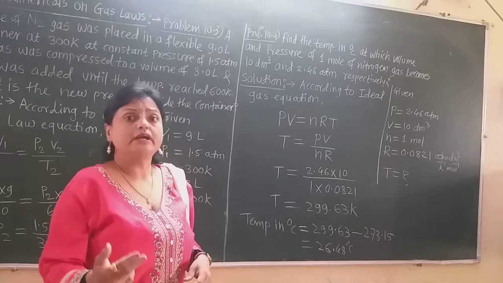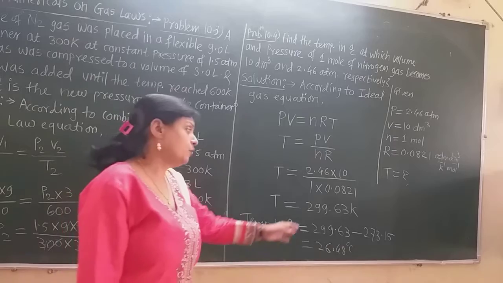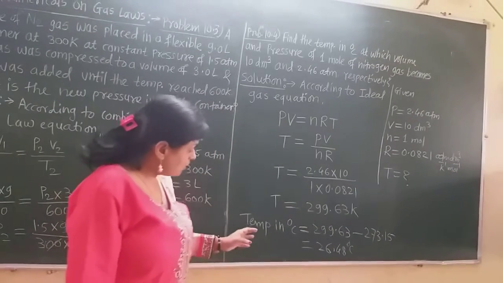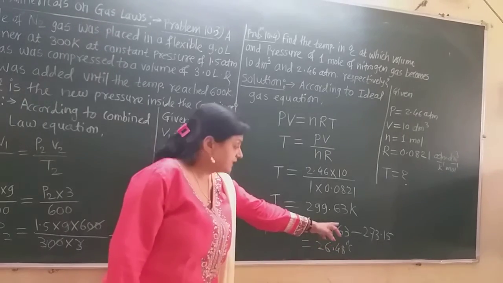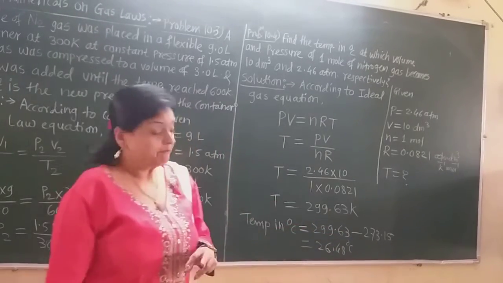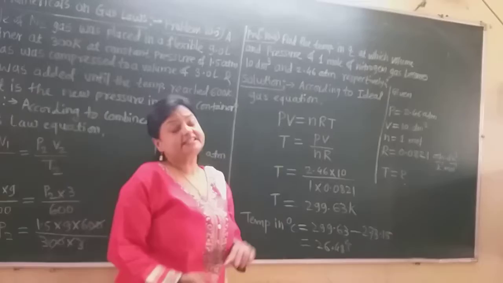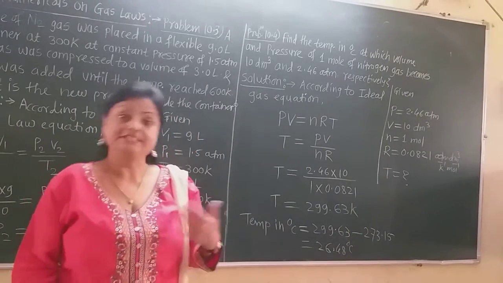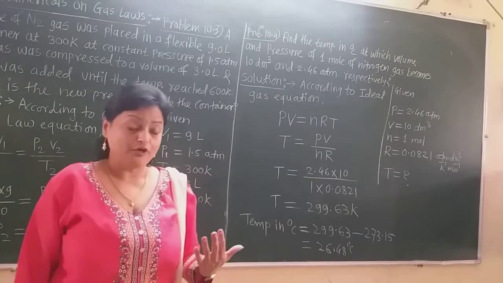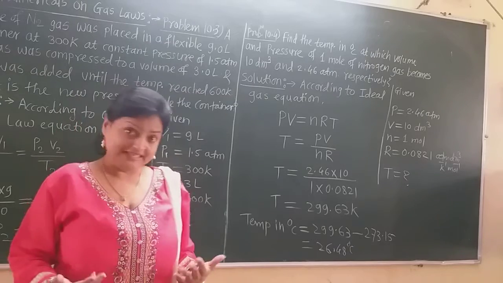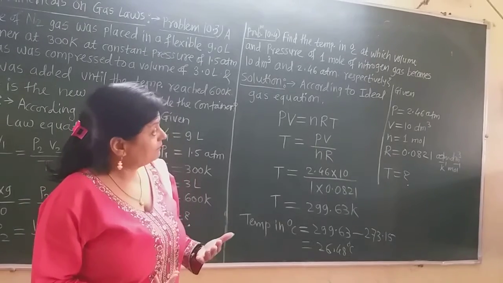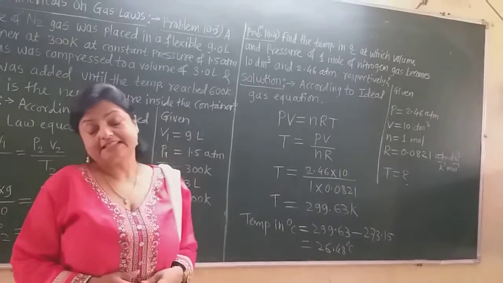Only subtract 273.15 from this temperature. So the temperature in degree centigrade is equal to 299.63 minus 273.15, and the answer is 26.48 degrees centigrade. This is the temperature at which the volume of the gas becomes 10 decimeter cube and the pressure is 2.46 atm.